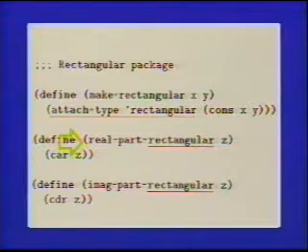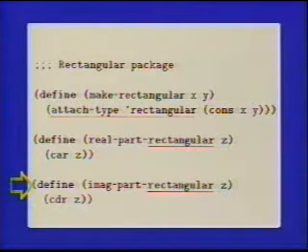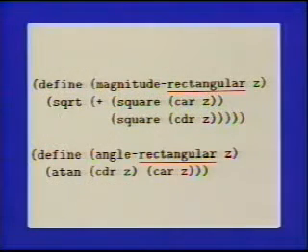So to allow them both to exist in the same Lisp environment, George should change the names of his procedures. So he'll say, this is George's real part procedure. It's the real part rectangular procedure. The imaginary part rectangular procedure. And then here's the rest of George's package. Right? He had magnitude and angle, just renamed magnitude rectangular and angle rectangular.